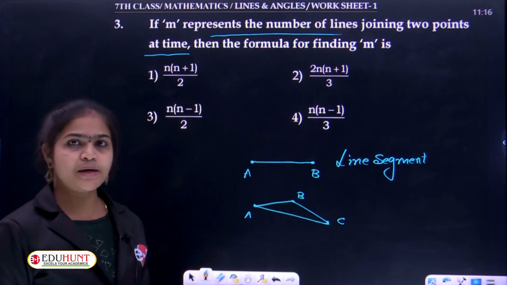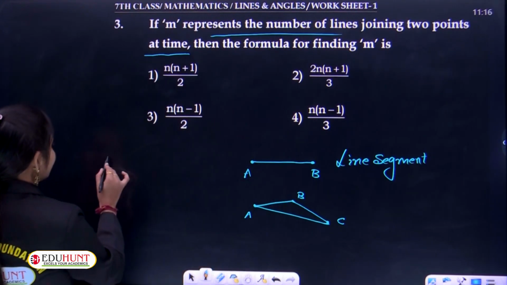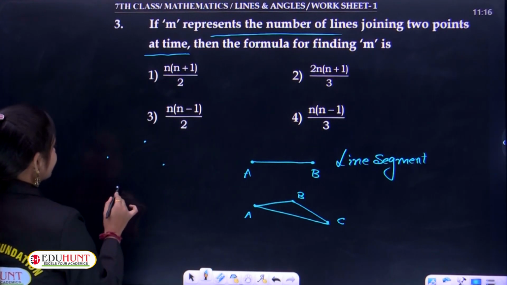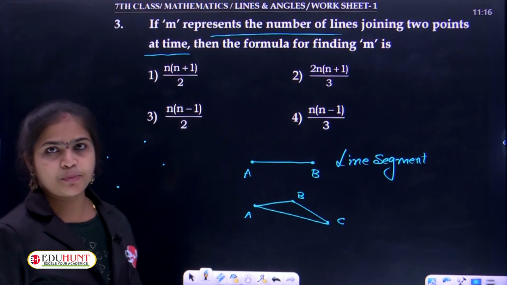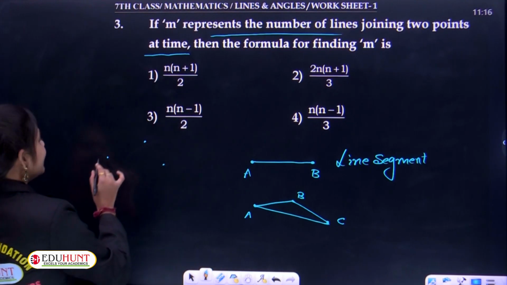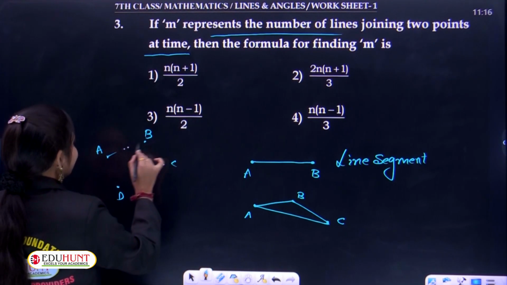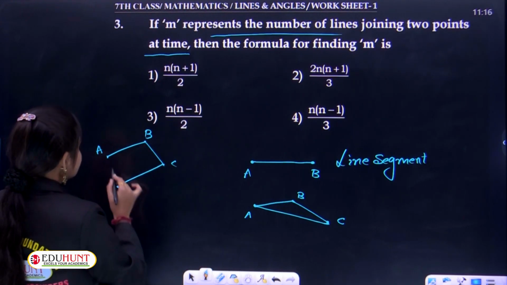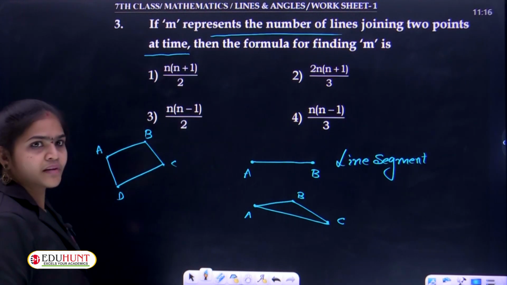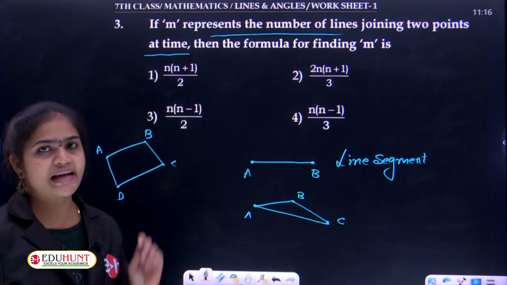Next, 4 distinct points. Then what do we have here? Like this, 4 distinct points. Now how many line segments can we draw? AB, BC, CD, DA. How many line segments did we get here? 4 line segments.